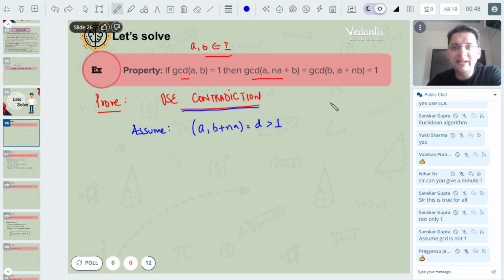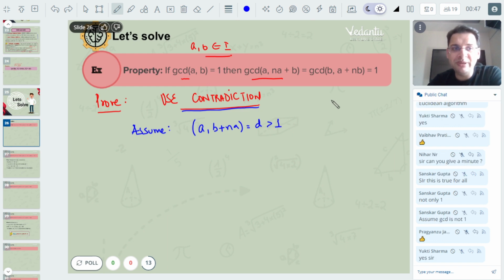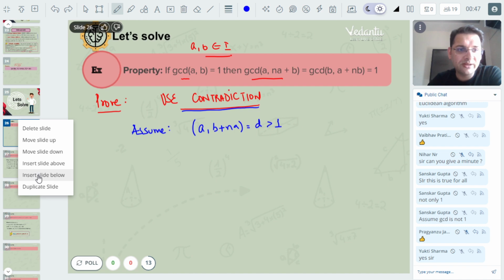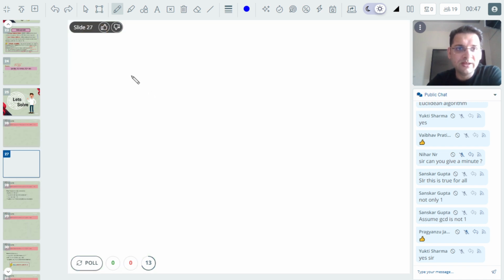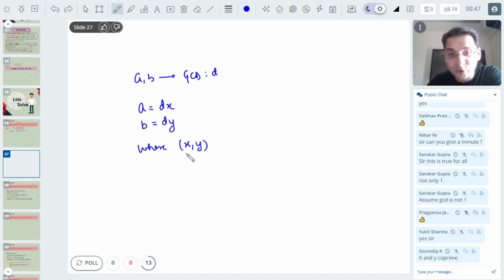So one important thing when we assume the GCD of A and B, and it is very important, guys. So if two numbers A and B have a GCD, let's say D, then A can be written as a multiple of D and B can also be written as multiple of D, where, and it is very important, X and Y, anyone on the chart, are co-prime.